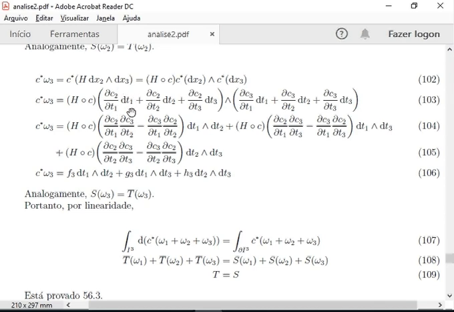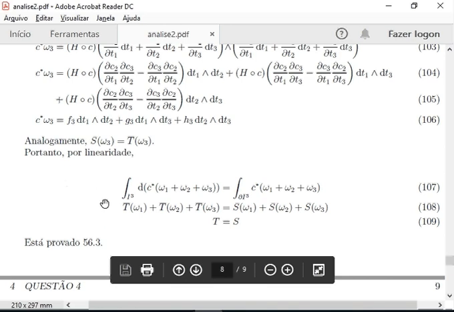It is by Jacobian 2 3, 3 2, 2 3, 3 2, distribution rule, and by underbraces C pullback omega 3 is equal to F3 dt1 dt2 plus G3 dt1 dt3 plus H3 dt2 dt3.